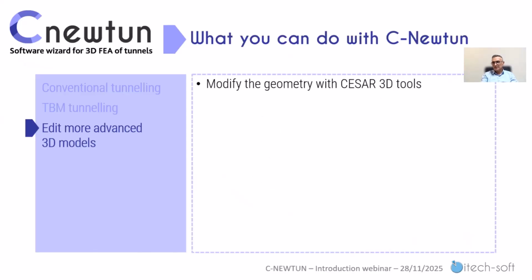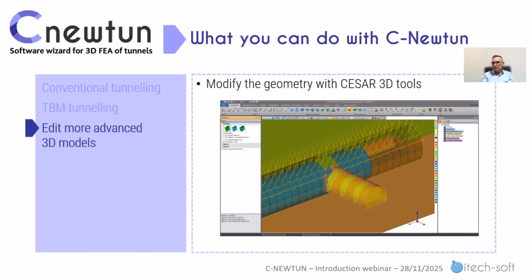Next, user can access with C-NEWTUN as a starter. He can access the geometry, a more advanced geometry with the CESAR 3D tool. Illustrated here, we generated the intersection of the main gallery with an auxiliary gallery.